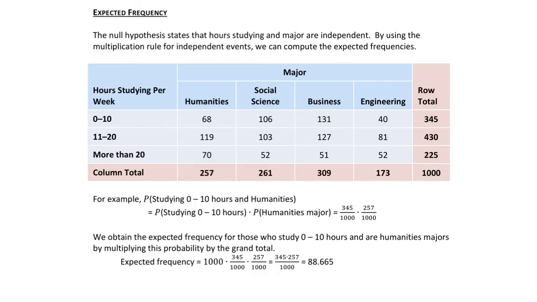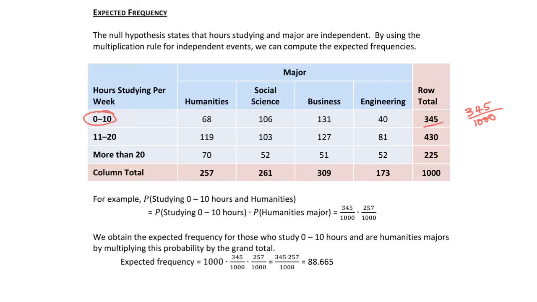So from this contingency table, add all these together, we'll get the total of each row, and add all these, find the total of each column. Okay, and the probability of studying 0 to 10 hours per week is 345 divided by 1000.